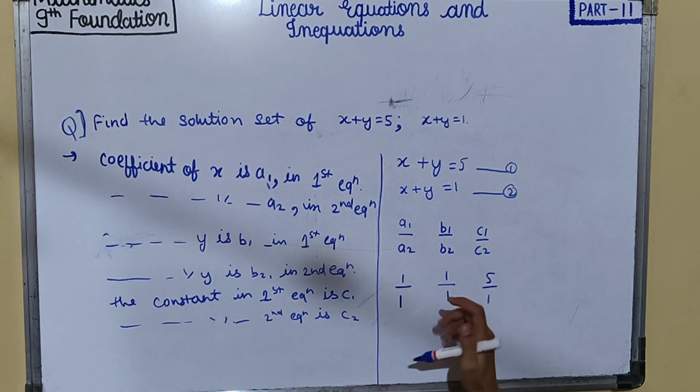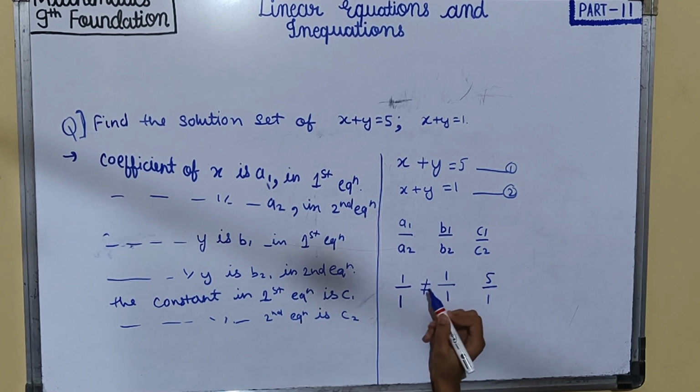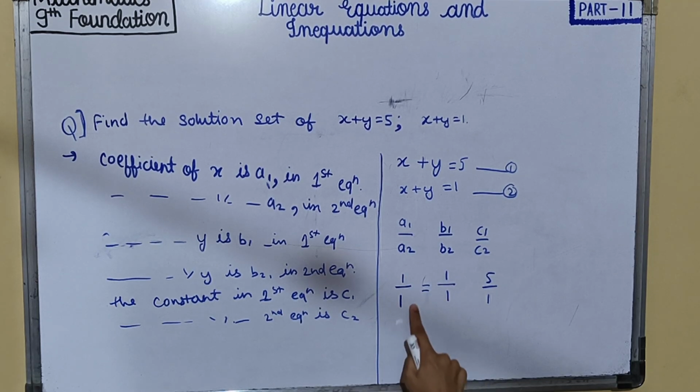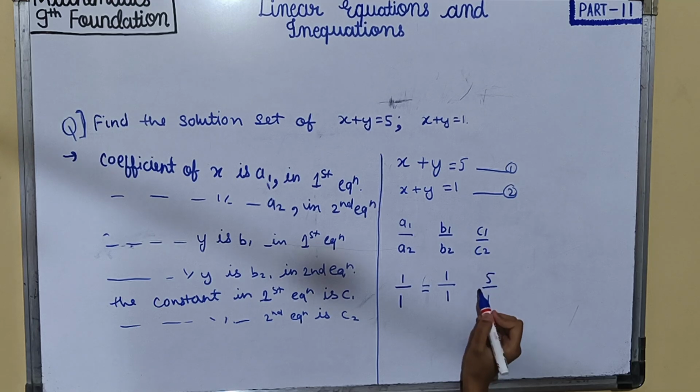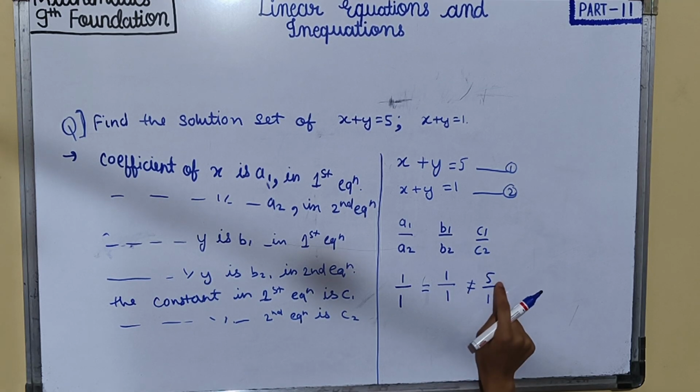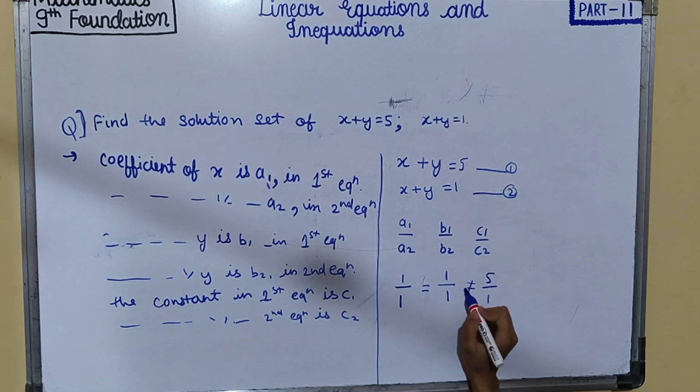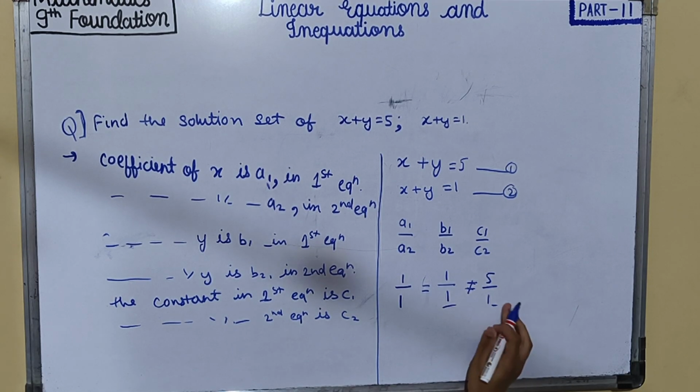Over here we can see that the first two ratios are equal, but the third is not equal, because 1 is equal to 1, but 1 is not equal to 5.